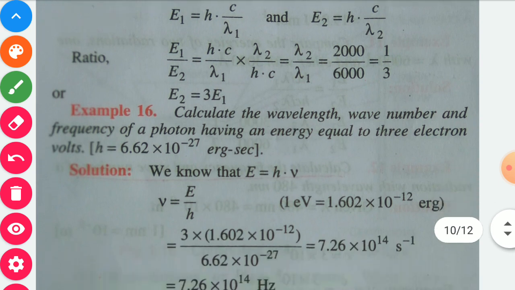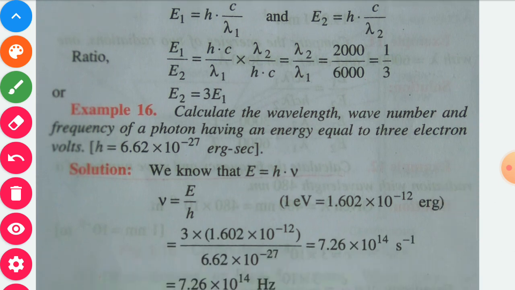Now next question: calculate the wavelength, wave number and frequency of a photon having an energy equal to 3 electron volt. Energy value is given, 3 electron volt, and you know that 1 electron volt is equal to 1.602 into 10 to the power minus 12 erg.